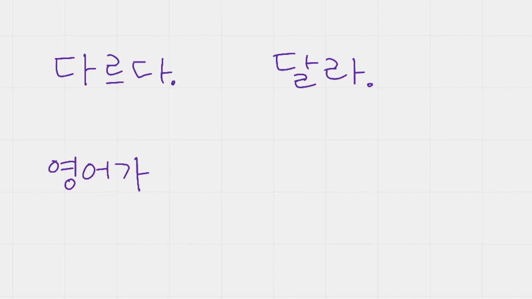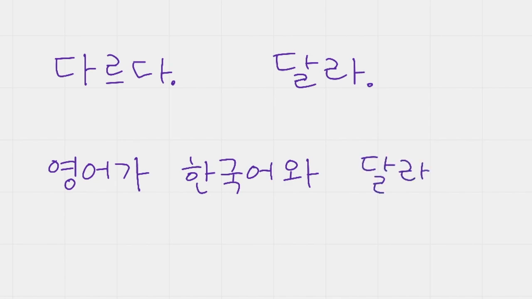The particle you're using with Korean language here will be the particle that you would use for and or with. The 영어가 한국어와. I'm gonna use formal written, then we use 와. Different. 달라요. 영어가 한국어와 달라요. So English is different from Korean.